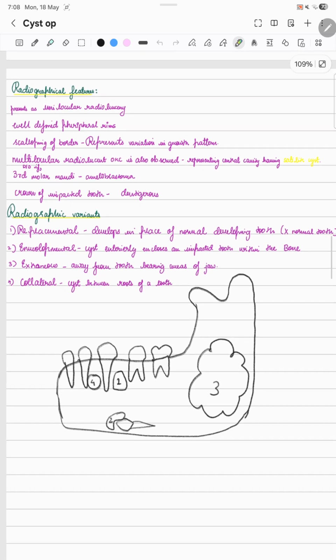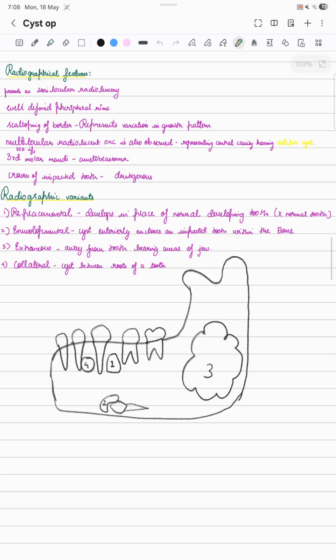Now radiographic features. It presents as a unilocular radiolucency, well defined, with peripheral rims; scalloping of the border represents variation in growth pattern. Multilocular radiolucency is also observed, representing a central cavity having satellite cysts.